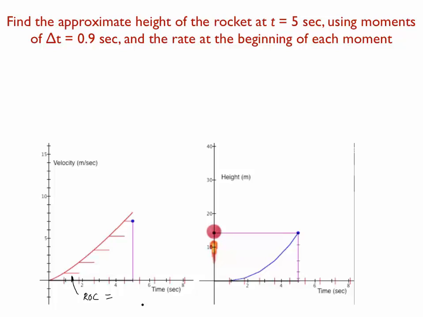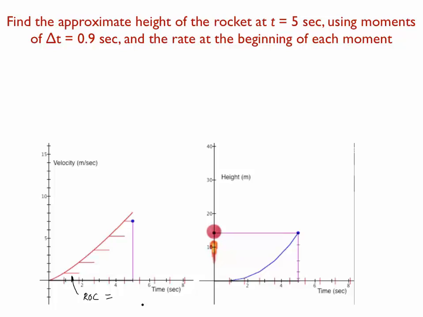So, the constant rate that we're using for the second delta t interval, how would we express it exactly? We're going to express this rate of change in that second interval. What would it be? V of 0.9.